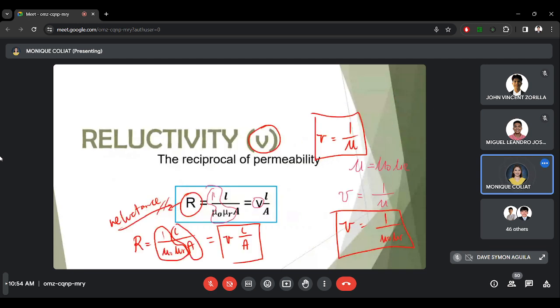Next is reluctivity. Reluctivity is the reciprocal of your permeability.